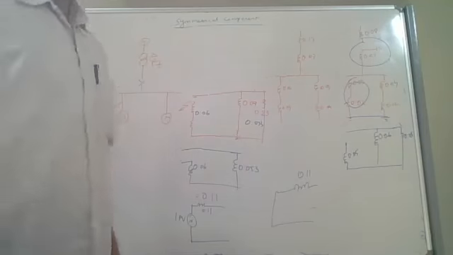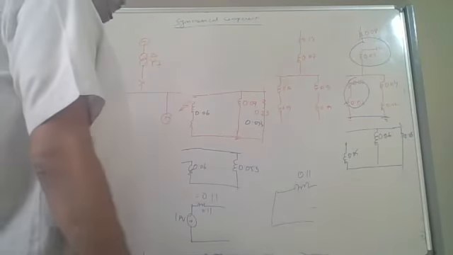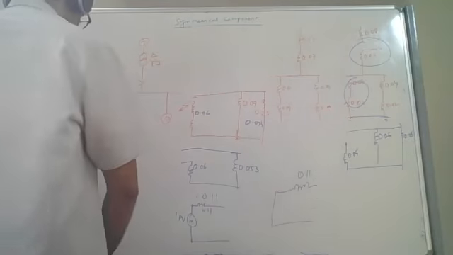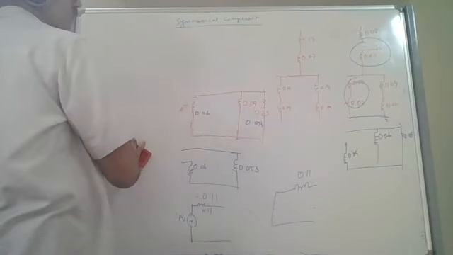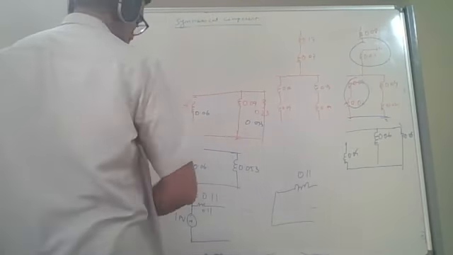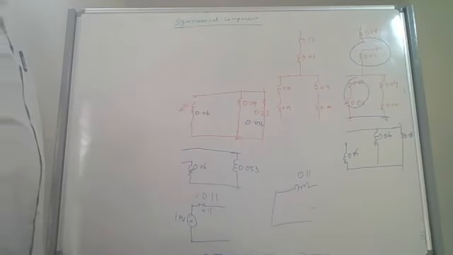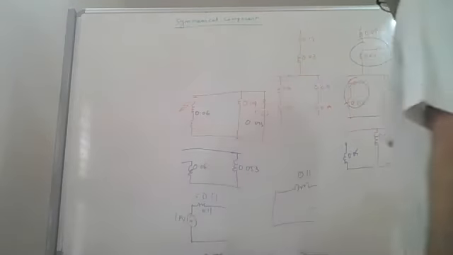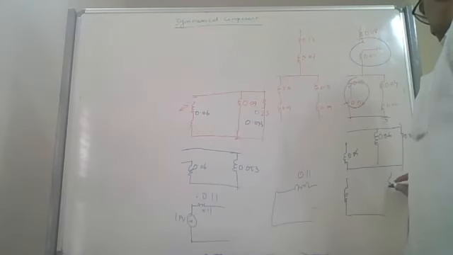0.06 parallel 0.05. 0.027. So this becomes 0.027.